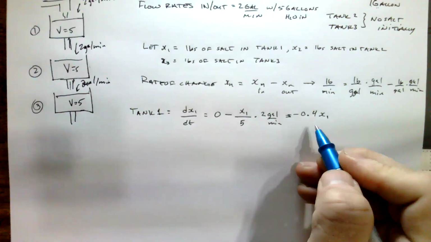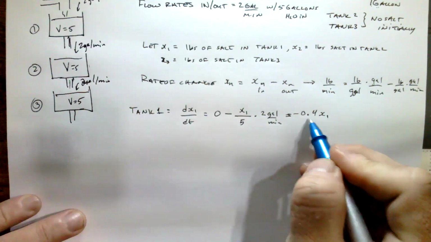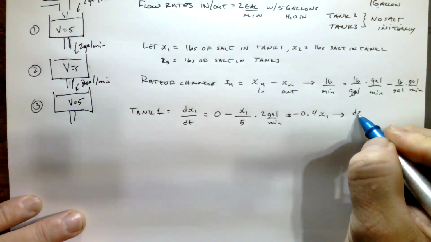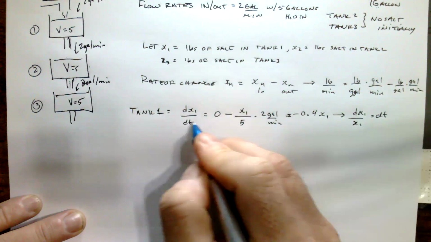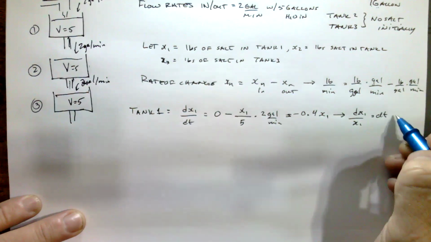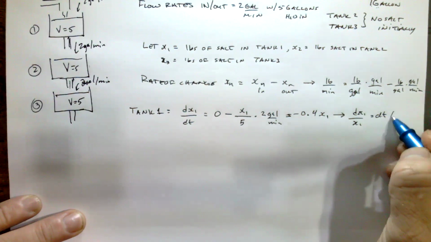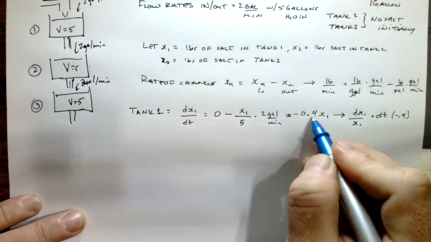In this situation, this is a separable differential equation. We can actually solve directly for x1. We can write this as dx1 over x1 is equal to negative 0.4 dt.